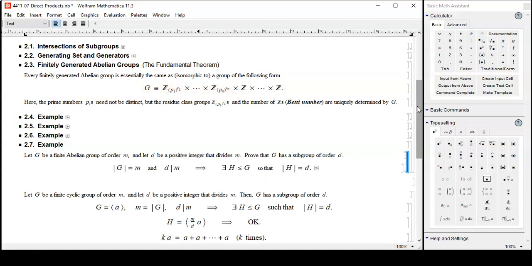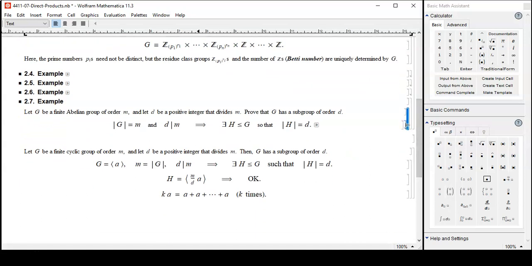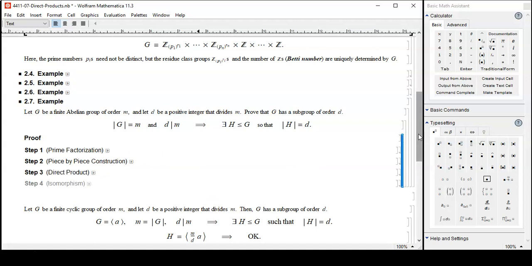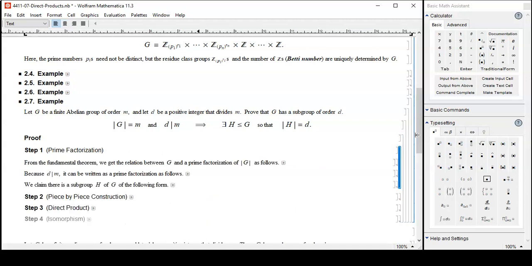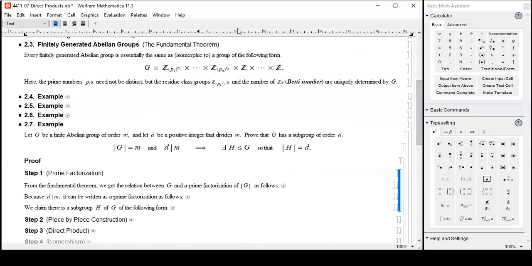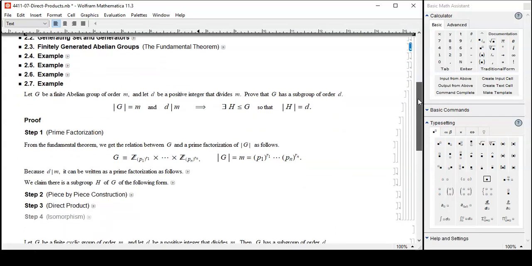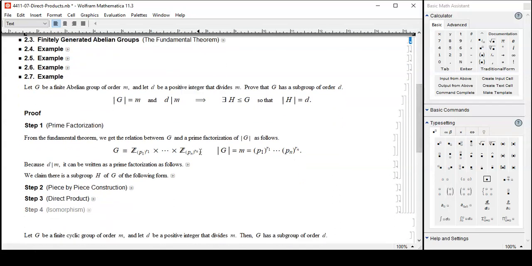Okay, so much for preparation. Now let's begin. We have to do it in a multi-step process, and let's begin with the prime factorization. From the fundamental theorem, we can rewrite G like this, because G is isomorphic to this expression, and consequently the order of the group can be rewritten like this, and we're going to have a prime factorization.